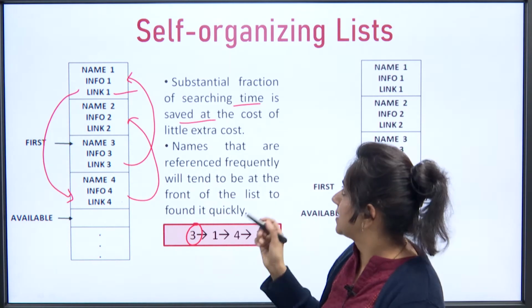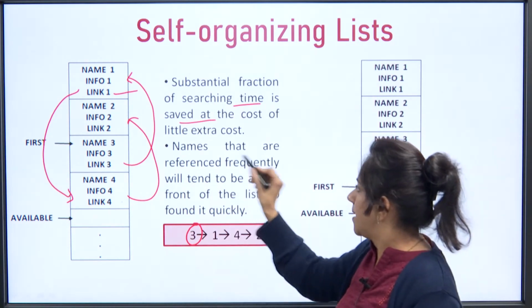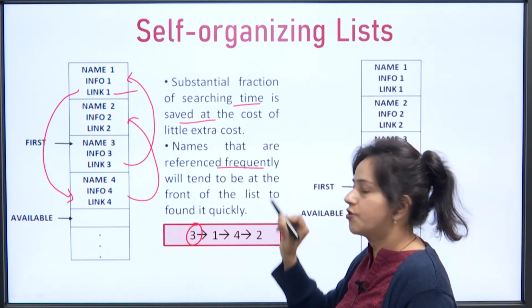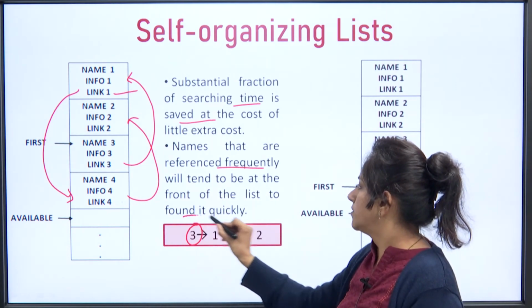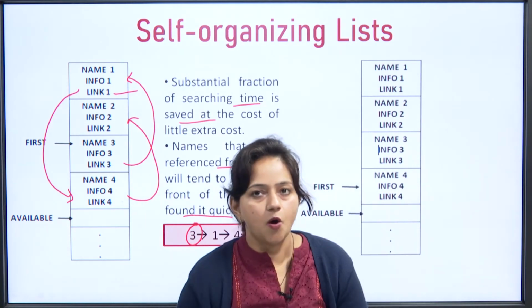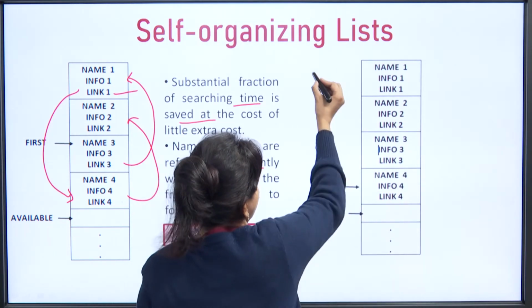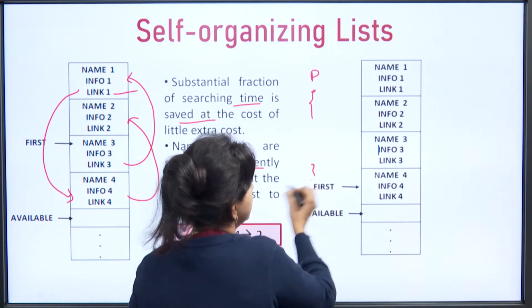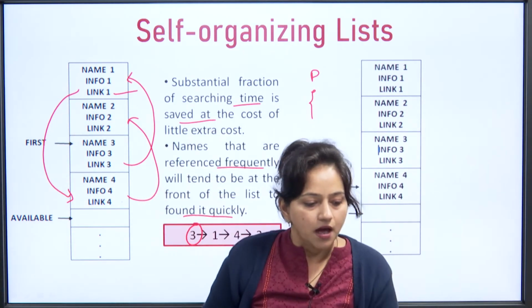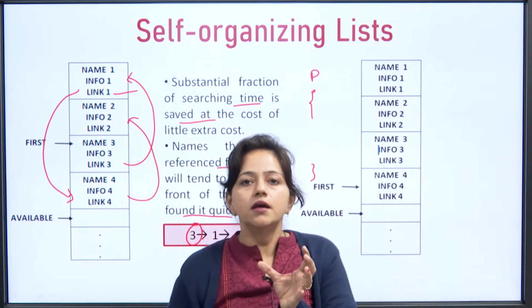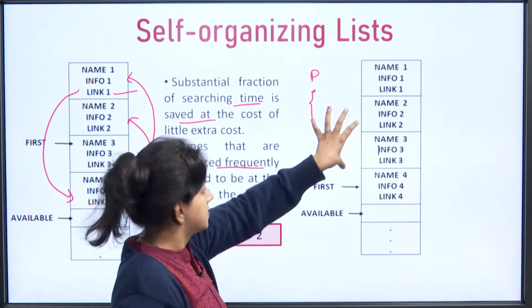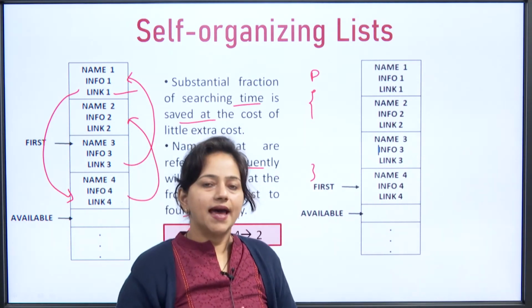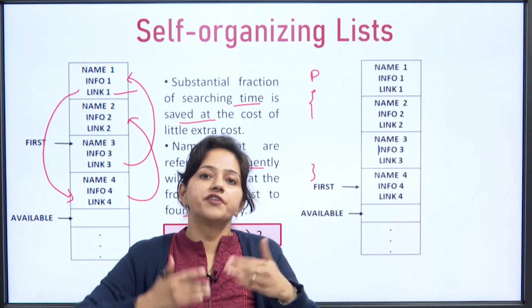Now, what is the self-organizing list? Here, names that are referenced frequently will tend to be at the front of the list so they are found quickly. What is observed is that if you are writing a program and it is analyzed, a small set of variables is used in a small section of the program. So, there are certain variables that are used frequently.